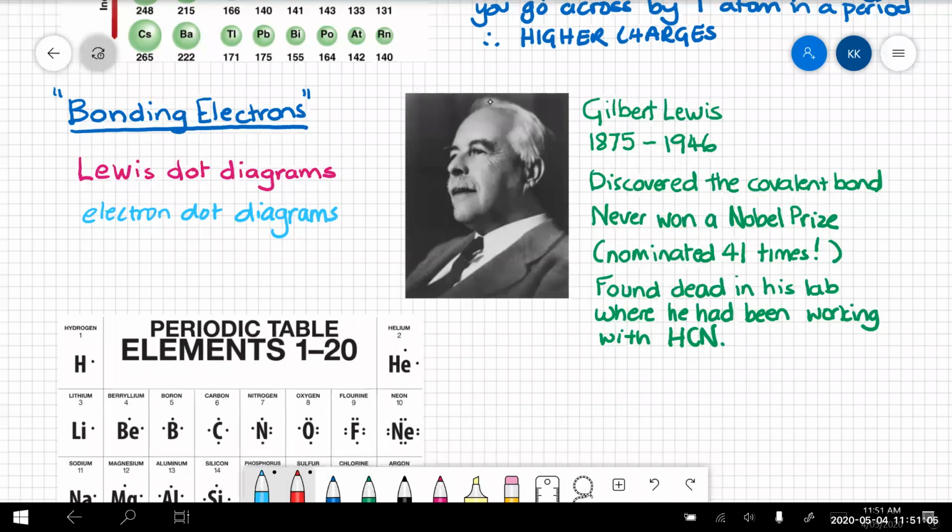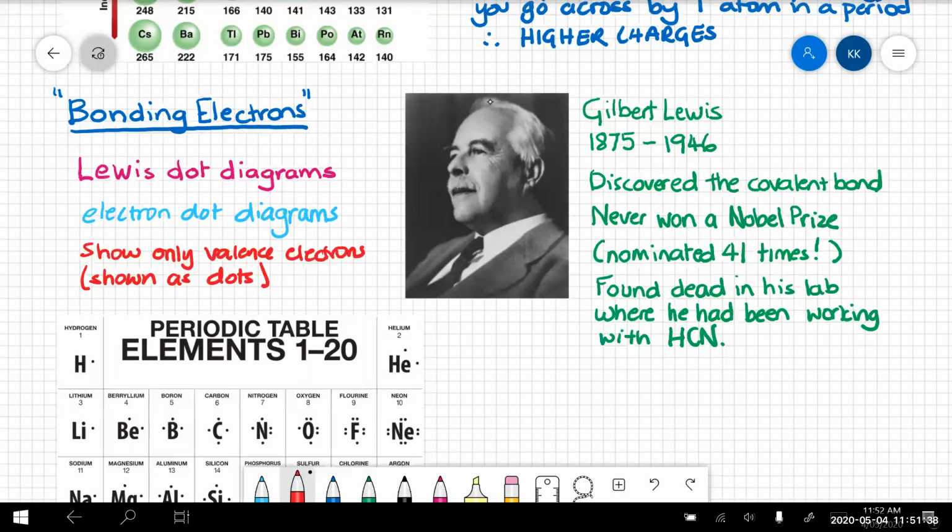So electron dot diagrams, they just show the valence electrons as dots. Sometimes you can use crosses. When we start drawing Lewis diagrams for molecules, we will want to be looking at the electrons that came from different atoms.